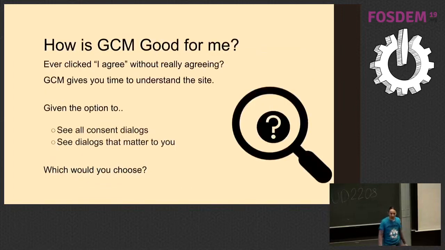So, how is it good for you? You get a link to a website, a news story, it's the first time you visit the website, and you don't really care to interact with it on a meaningful level. You just want to read the article that you got linked, right?